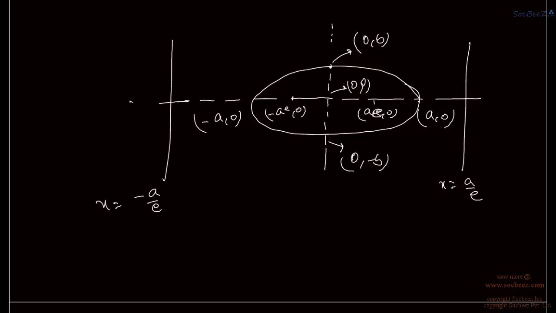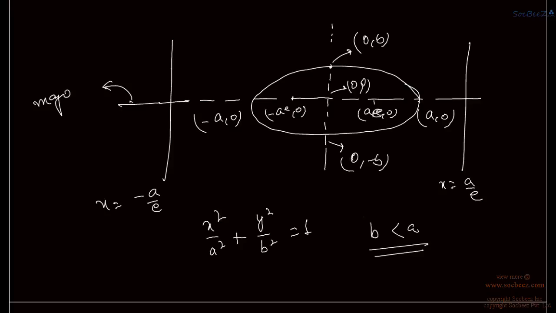This is the origin. So we have the equation as x² upon a² plus y² upon b² is equal to 1, where b is less than a in this case. So there are two axes. We call this axis the major axis, and this axis the minor axis. Okay, fine.